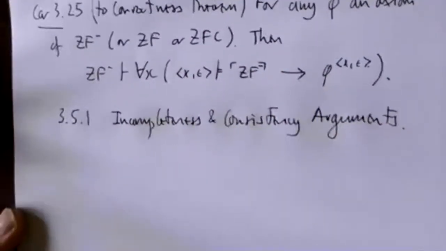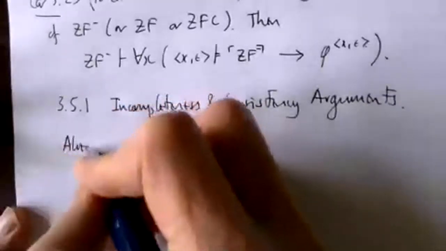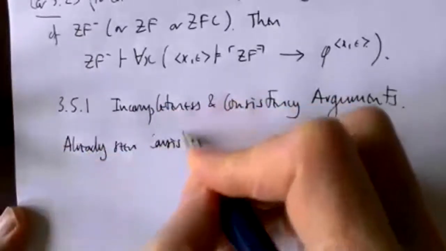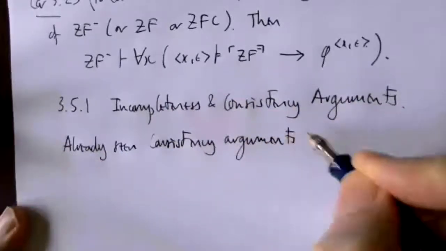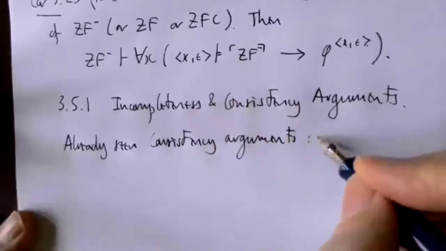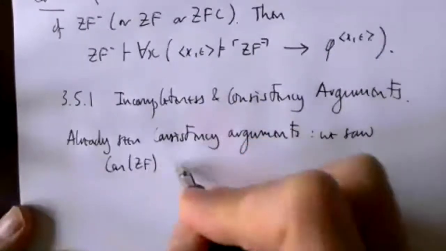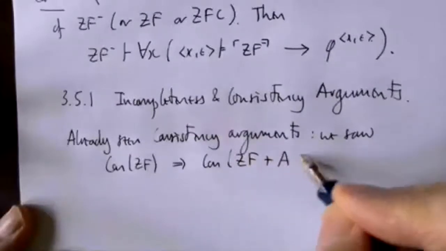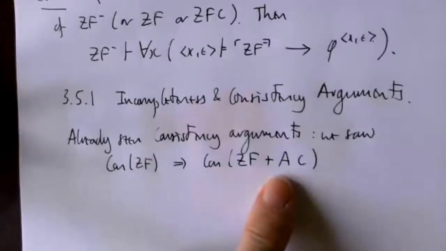So we've already seen some consistency arguments about L. We saw things like con ZF implies the consistency of ZF plus the axiom of choice. And various other things here, either V equals L or GCH. Right?